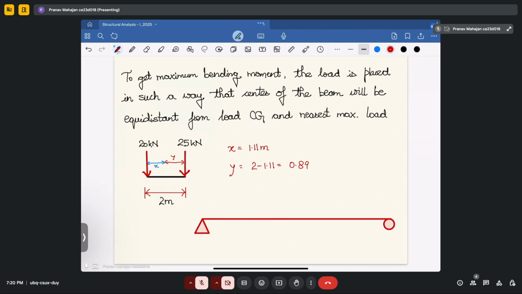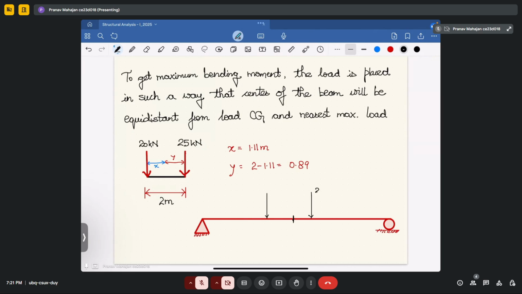Suppose this is our simply supported beam, and suppose this is my center. The load should be kept in such a way that the 25 kilonewton will be equidistant from the CG. That means I have to keep 25 kilonewton here and 20 kilonewton here.